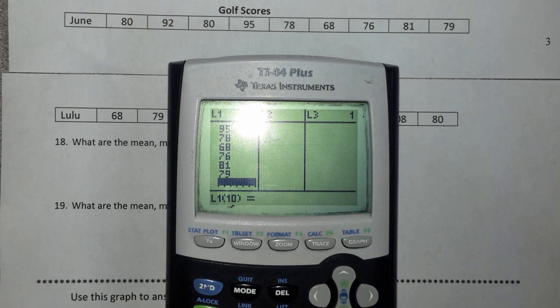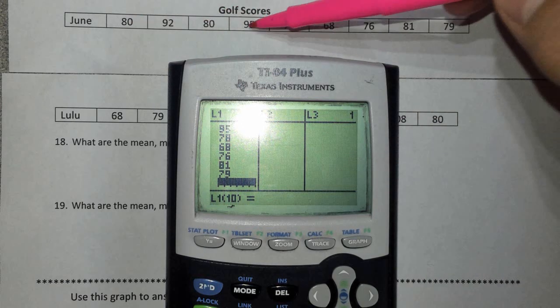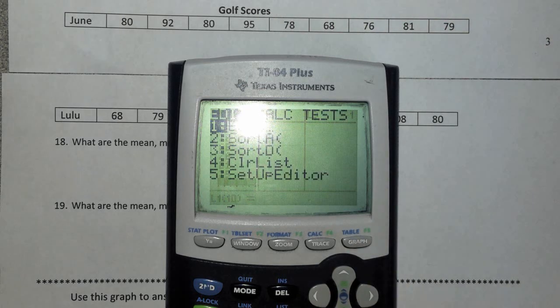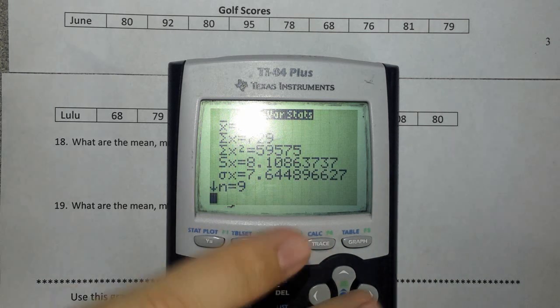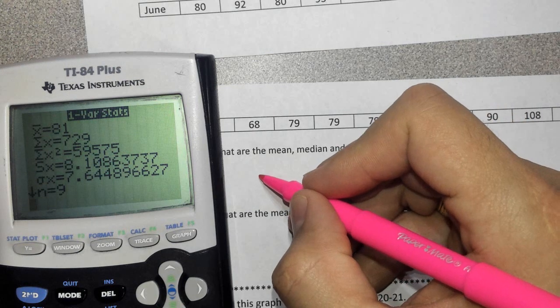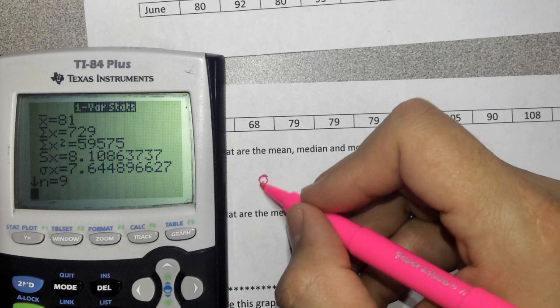You could, if you wanted to, put them in order, but the calculator will do that for you. 1, 2, 3, 4, 5, 6, 7, 8, 9. Okay, have all of them in there. Stat, calc, enter a bunch of times. Alright, here we go. The mean is 81.